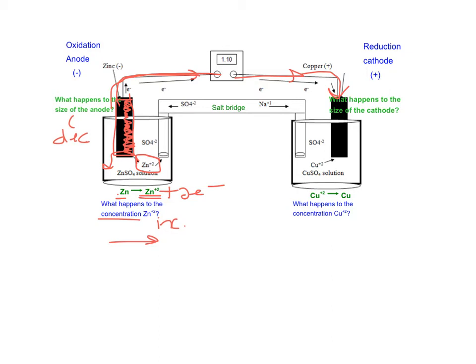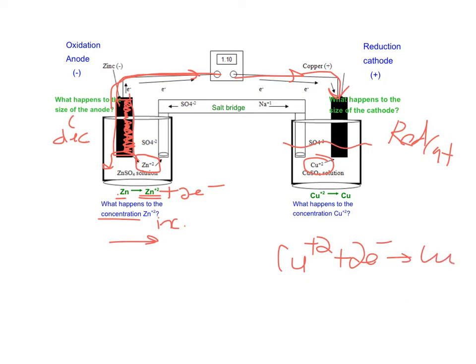What's happening at the cathode? RED CAT: reduction happens at the cathode. Here in the half cell there's a solution with copper plus 2 ions. Those copper plus 2 ions are gaining electrons that are coming from the anode and literally are turning into solid copper. So you're going to see the size of the cathode always increase.